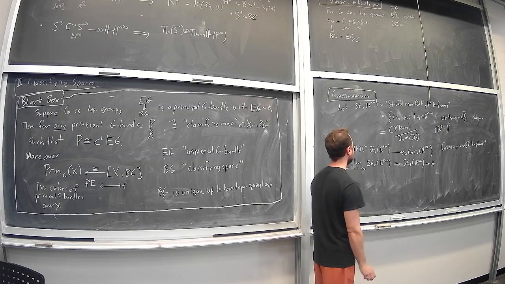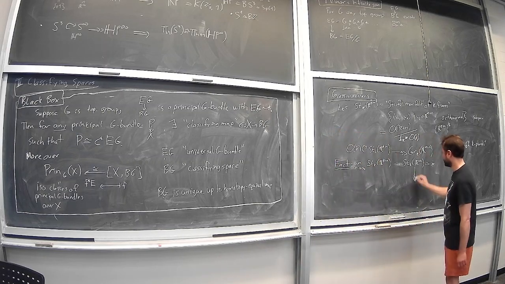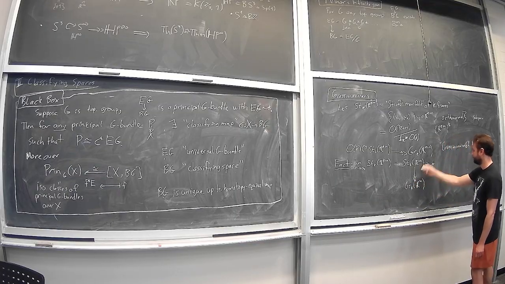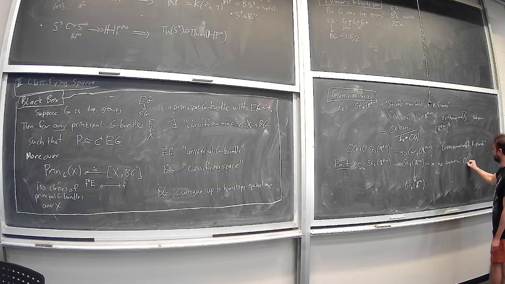This is the fact that if you take this colimit, it becomes contractible. You still get a quotient map to the Grassmannian of K-planes in R^∞. This is a universal O(K) bundle. So the usual model of the universal O(K) bundle is the Grassmannian.